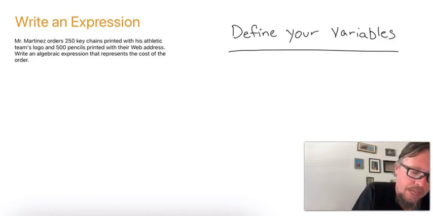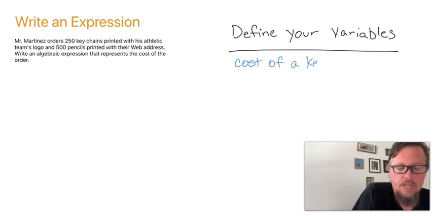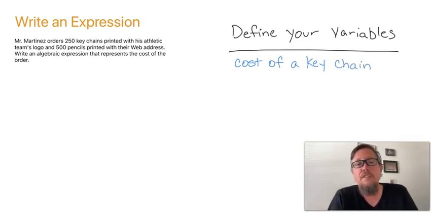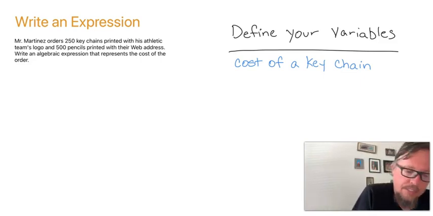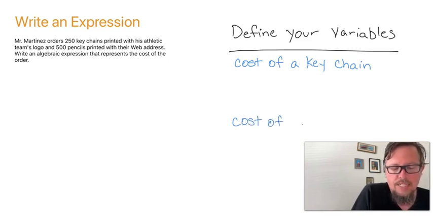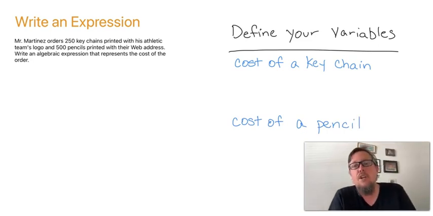Variable number one is going to be the cost of a keychain. Whatever that cost ends up being, we multiply by 250 to figure out how much he spent on keychains, since it says he orders 250 keychains. The second thing that we need to know is the cost of a pencil. It says he orders 500 pencils, so we take whatever the cost of a pencil is and multiply by 500.